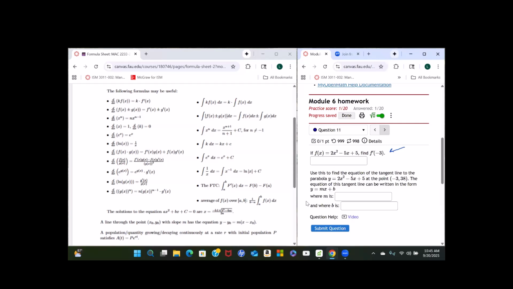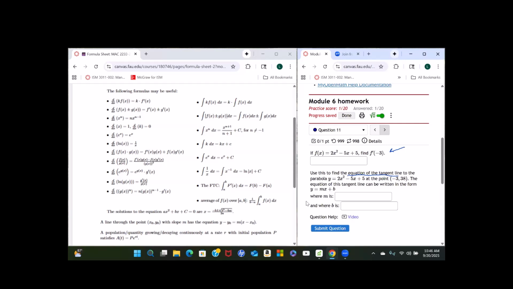Use this to find the equation of the tangent line to the parabola. This is a parabola, 2x squared minus 5x plus 5, right? We know it's a parabola because it's x squared. And at the point -3, 38, they've given us x equals -3.